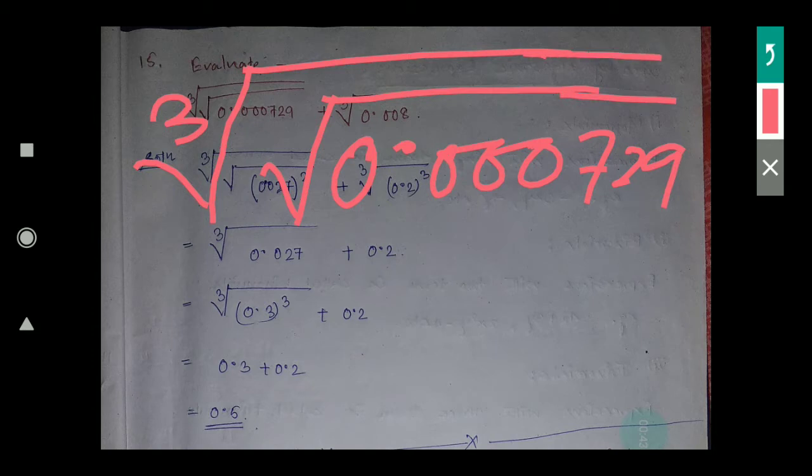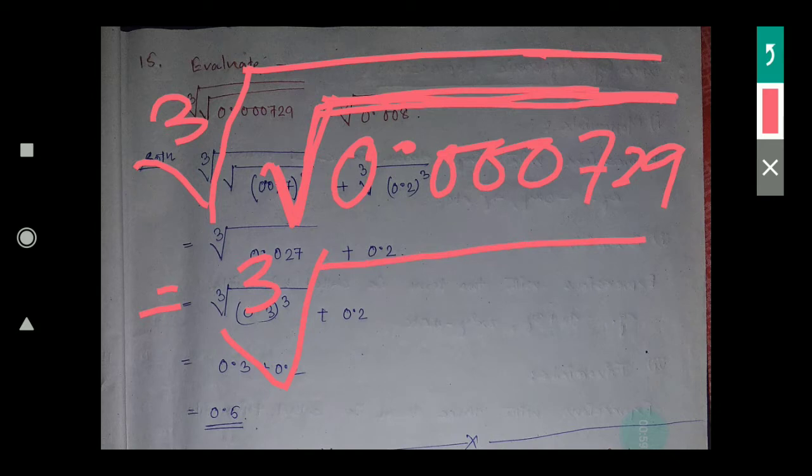0.000729 is given. To remove this square root, you have to make this number a perfect square. 729 means how much? 27 square.